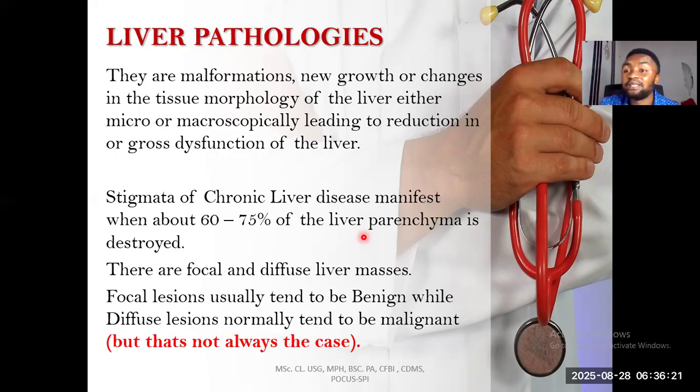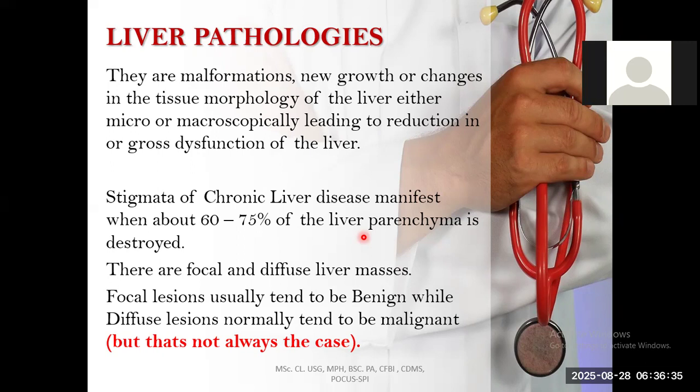The liver and the epithelial tissue are the only tissues in the body that can regrow. If you cut part of the liver, it has the ability to grow back where you have cut, provided where you cut wasn't too big.